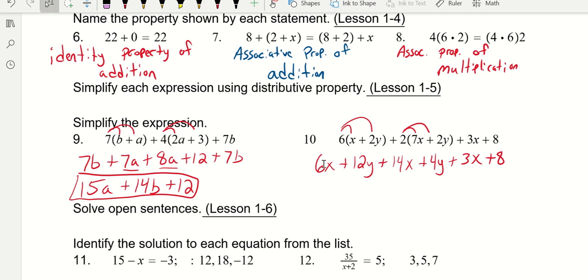Let's start with the x's. 6x plus 14x is 20x. 20x plus 3x is 23x. 12y plus 4y is 16y. And then plus 8 can't be combined with anything. So there we go. 23x plus 16y plus 8.